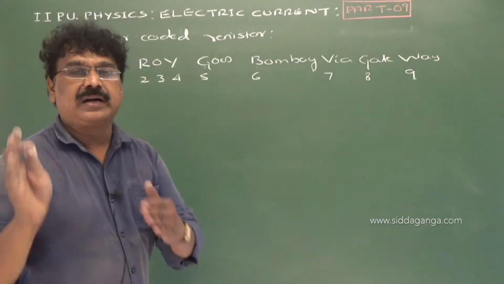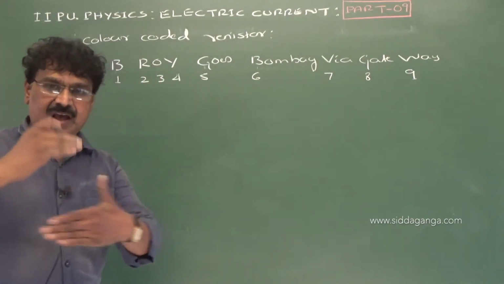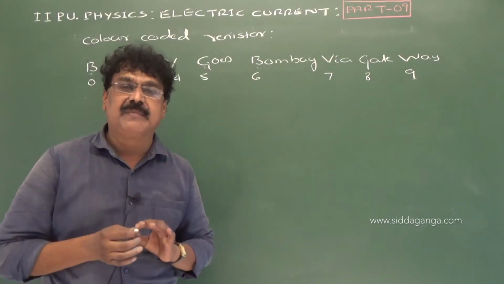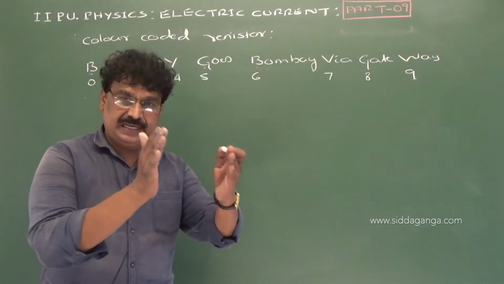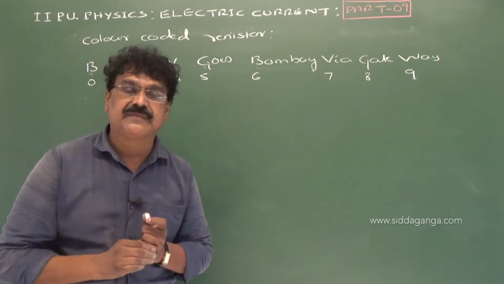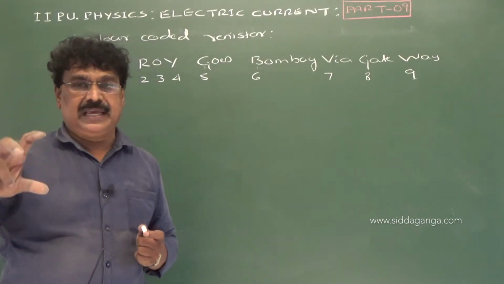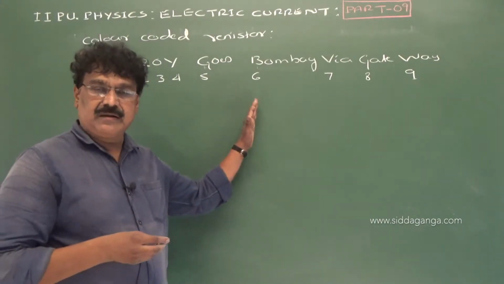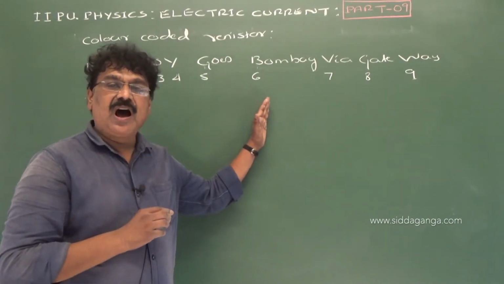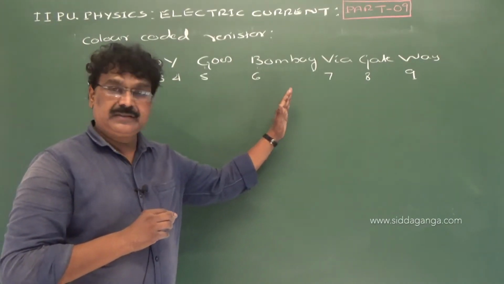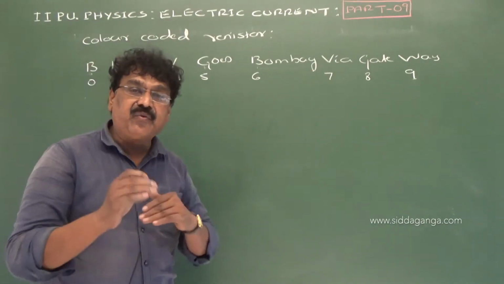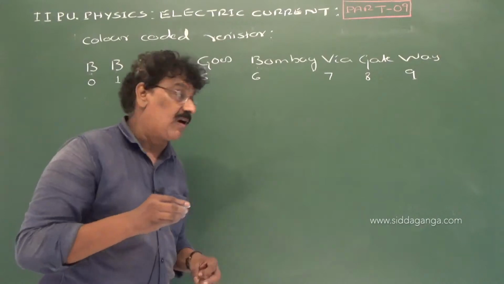Among the 3 or 4 colored bands, the first 2 colored bands represent the value of the first two digits of the resistance value. The third colored band represents the number of zeros to follow after the second digit, and the fourth band represents tolerance.